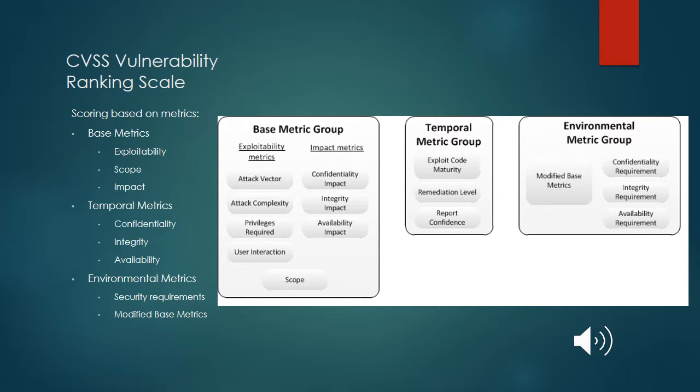For example, if an organization operated specifically with a lot of SQL databases, then a SQL database vulnerability would be considered of higher priority than it might be to some other companies that don't have databases at all.